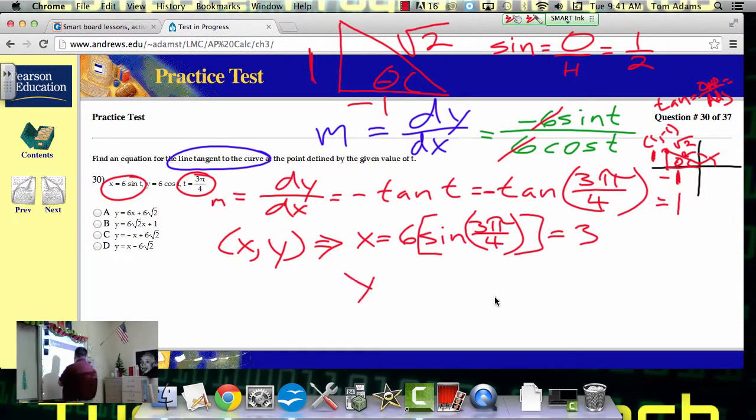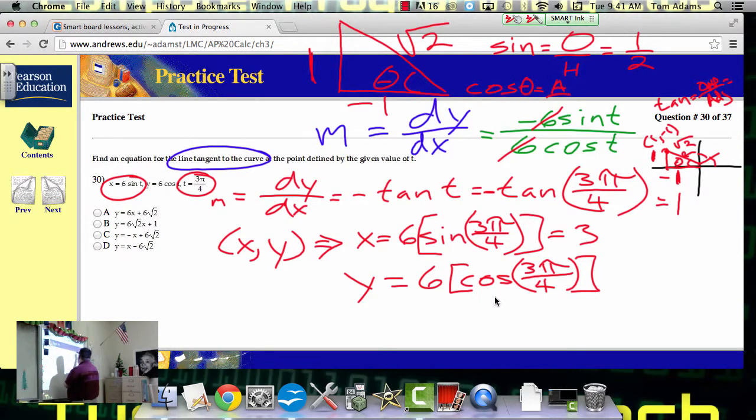Now my y term is 6 cosine 3 pi over 4. Cosine of theta is adjacent over hypotenuse. Oh wait, it's not 2, it's root 2. I caught myself, this isn't 1/2. So x is actually 6 times root 2 over 2, which is 3 root 2.